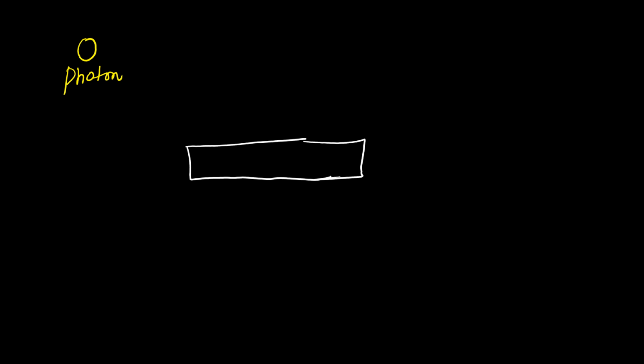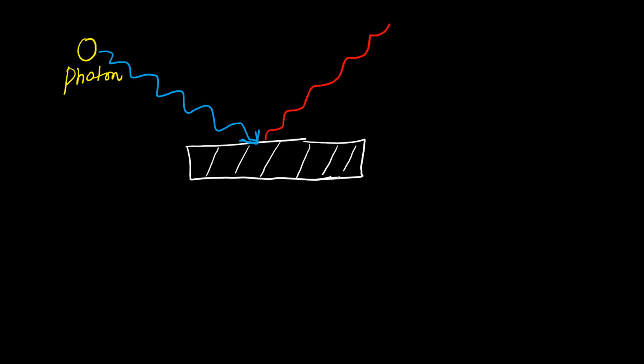You know that electrons reside on the surface of a metal, and in the photoelectric effect, a beam of highly energetic photons is incident on the surface of a metal. This photon beam removes a loosely bound electron from the surface of the metal, like this electron. This phenomenon is known as the photoelectric effect.